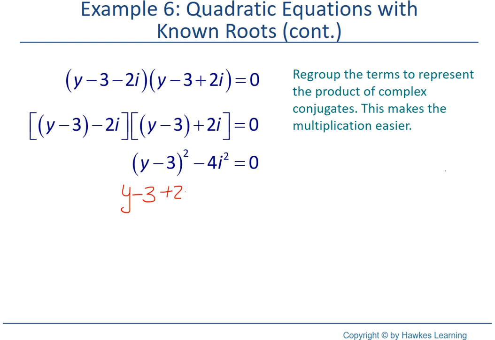I got carried away there. All right, so we're going to square this then. This is going to be y squared minus, we're going to multiply these two together, and this gives us 6y plus 9 minus 4i squared equals 0. So that would have been our original equation.